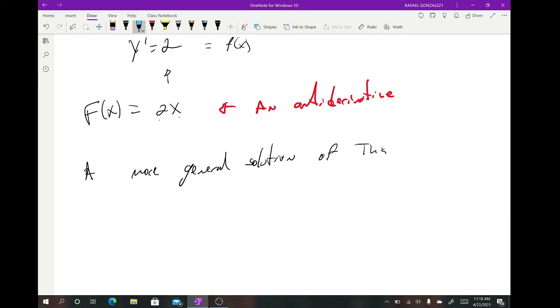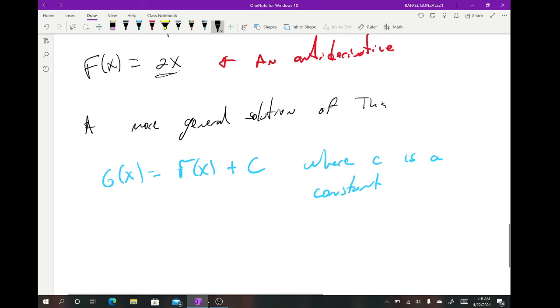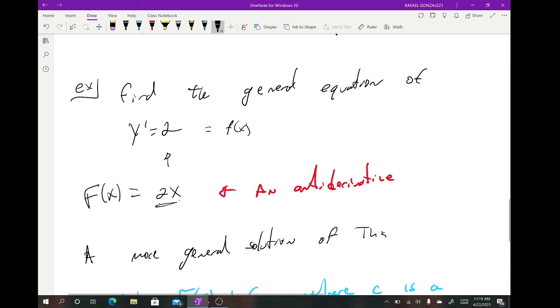We could write g of x is equal to f of x plus c, where c is a constant, by definition, by the theorem. And then we just substitute. What is f of x? F of x is 2x, so this is just g of x equals 2x plus c. So this is a general solution for the differential equation y prime equals 2.